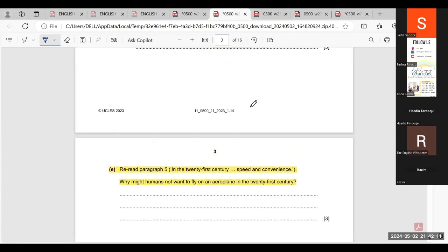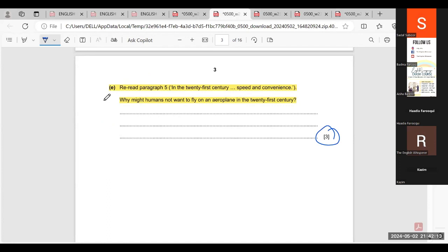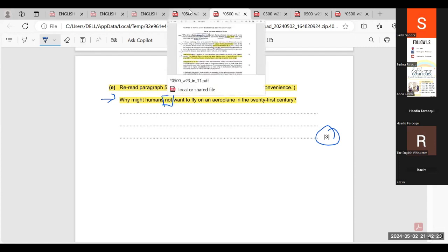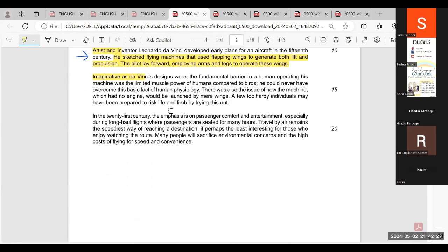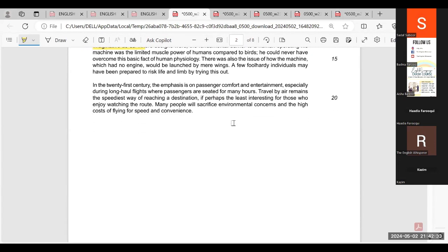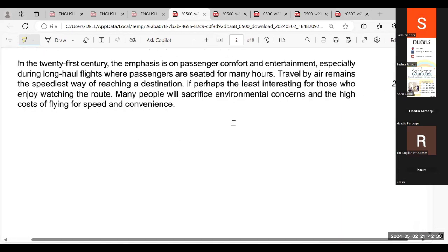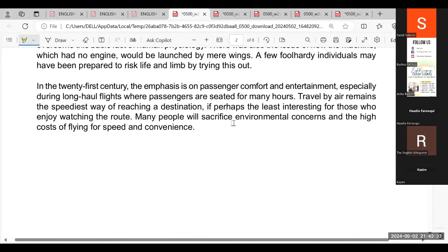People just somehow mess them up. Why might humans not want to fly on an airplane in the 21st century? Normally, with these questions, they want a negative word from paragraph 5. This word not is not anywhere in this paragraph, right? So I'm just going to make it bigger, right?